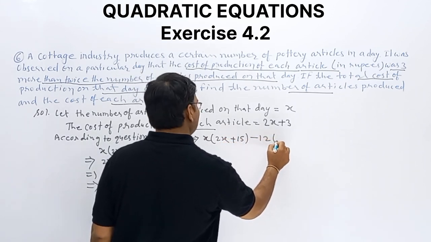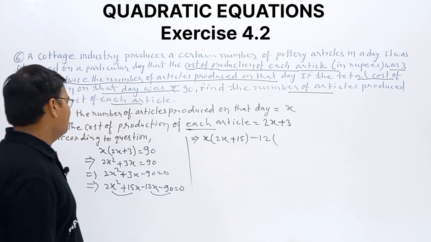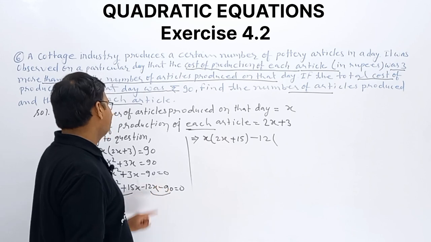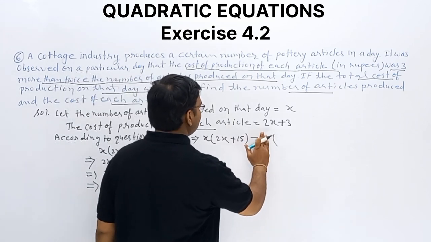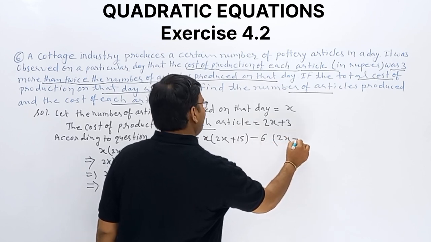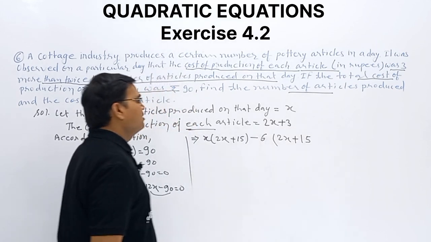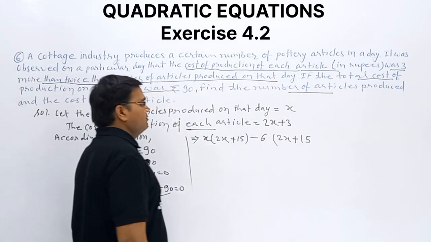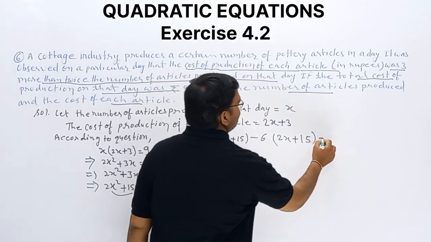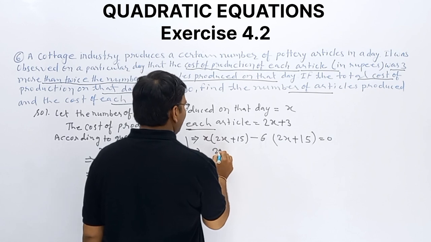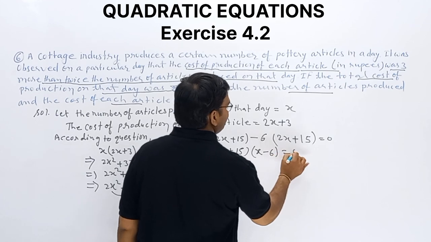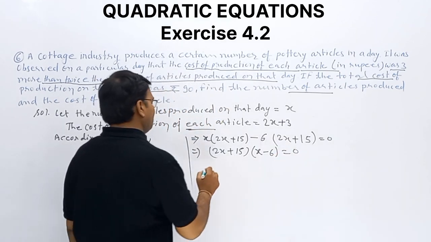In the second pair, 12 is not possible, so I am taking 6 as common, and 2x plus 15 is remaining, since 15 times 6 is 90. We have equal to 0, take the bracket outside: 2x plus 15 into x minus 6 will be 0. Clear? Find the value of x.